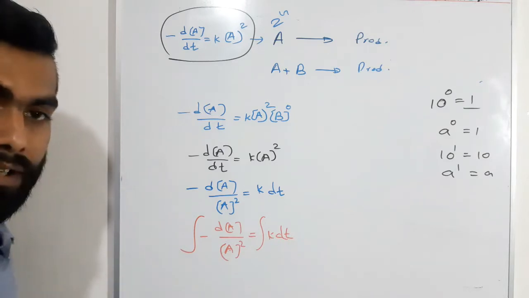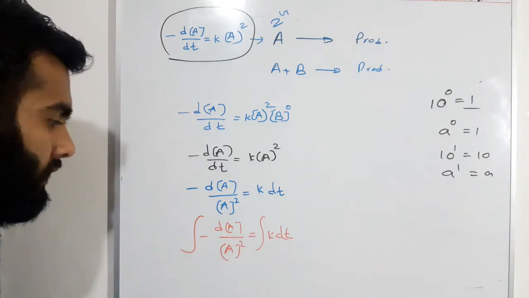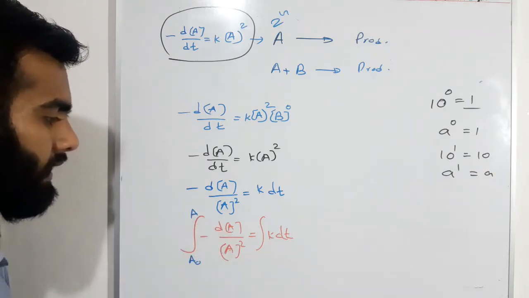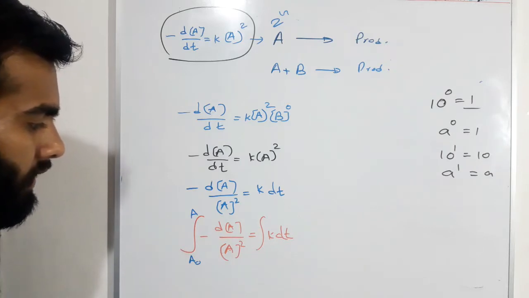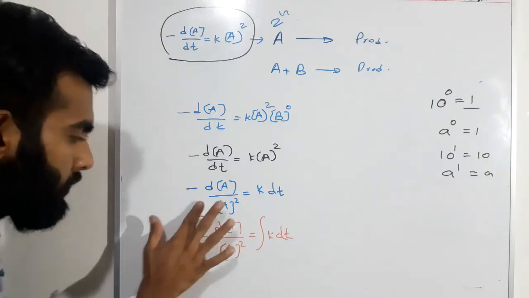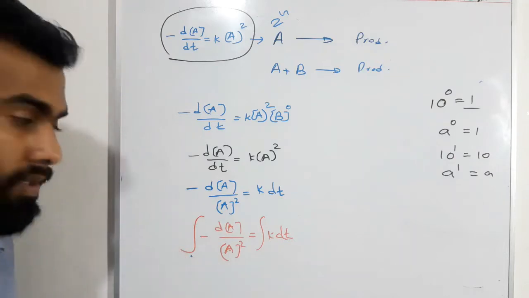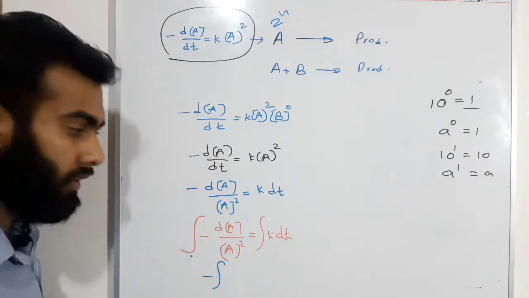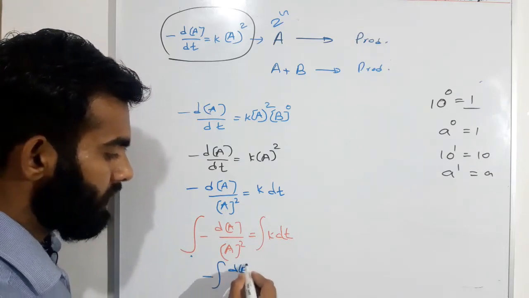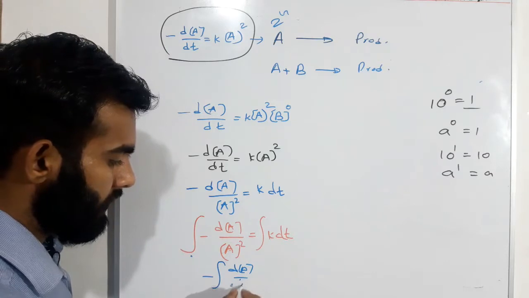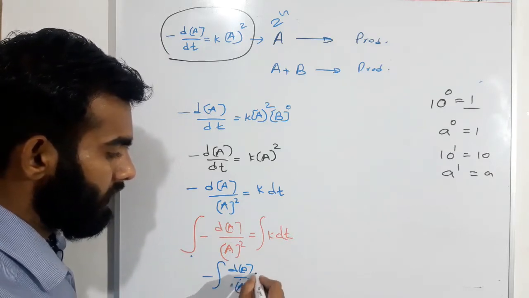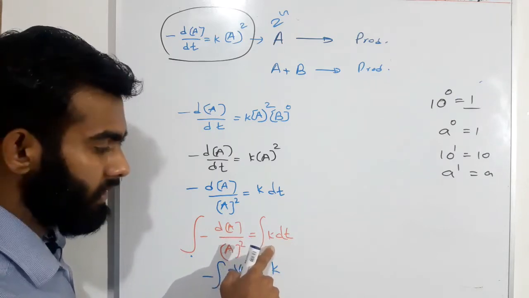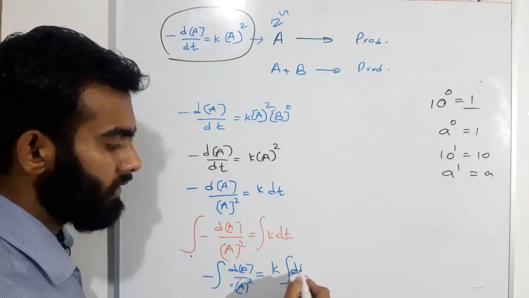Okay. After that, we can use the limits. Lower limit is A naught, upper limit is A. Here time. Actually, before using these limits, we can simplify this equation further. How? This negative sign we can get out of the integral mark, dA divided by A square equal to K. K is a constant, we can get that out, and dt. Okay.